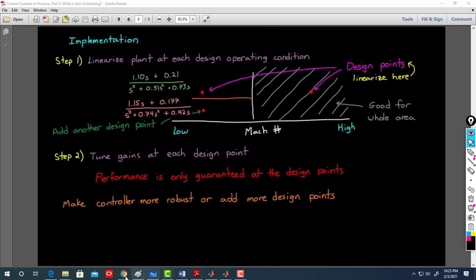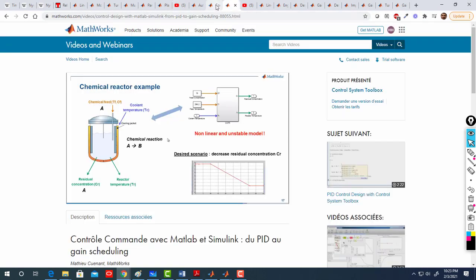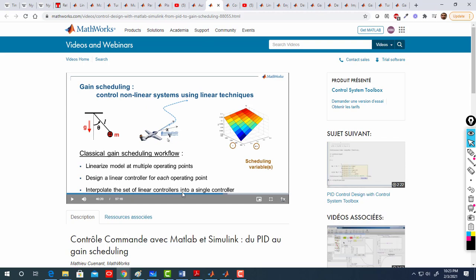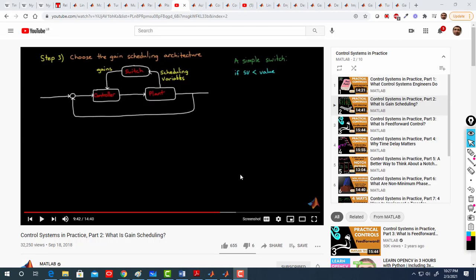And the trick is this point, which I didn't explain yet, the third point here. So what's the problem now? This third point tells you: below some value, use gain set A. If it's greater or equal to that value, then use gain set B. So you change the gain depending on the desired operating point, the scheduling variable basically.